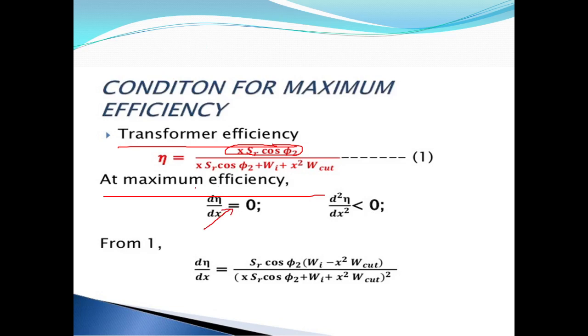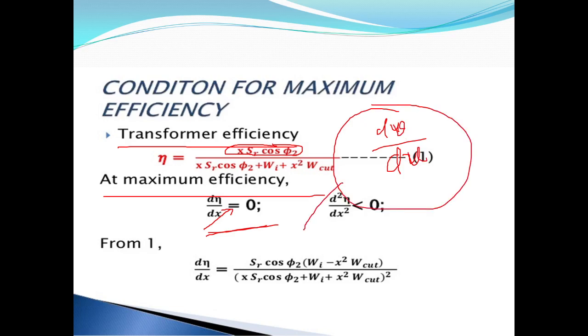So differentiate the efficiency equation with respect to x, equal to 0. From the equation, we use the formula for u upon v, that is (v du minus u dv) upon v square. Using this formula, simply we will get it like this.